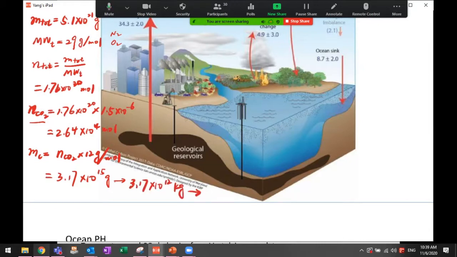And that's 3.17 multiplied by 10 to the 9th tons, right? And 10 to the power of 9 is 1 billion, also called gigatons. Okay, 3.17 billion tons, or people also call that gigatons in terms of the mass.